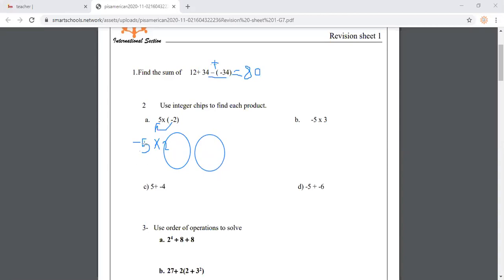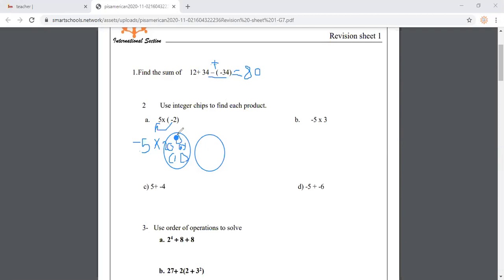1, 2, 3. I'm sorry. 1, 2. I'll draw by pen, it's better. 1, 2, 3, 4, 5.